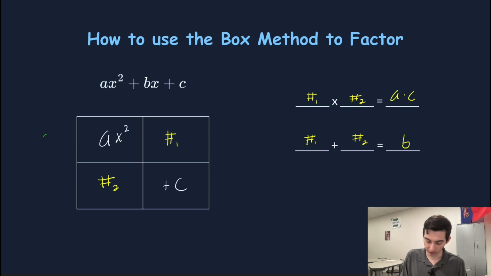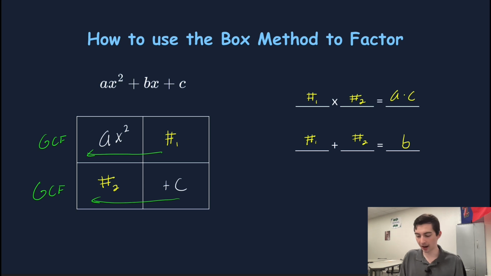So I'm going to write the GCF of this, so I can write it like that, and the GCF here as well. And then on the top is going to be our GCF remainders, okay? GCF remainders. And so these are going to be our two factors, just like they were on the last example.